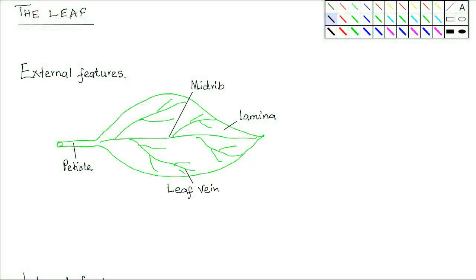The greenness is due to the presence of the pigment chlorophyll. Chlorophyll enables the plant to trap light energy, which is then used in the process of photosynthesis. The lamina of the leaf is quite thin. Most plants have a thin lamina.